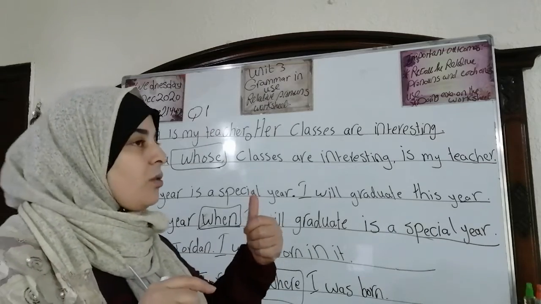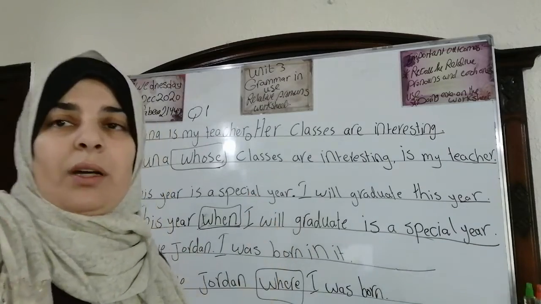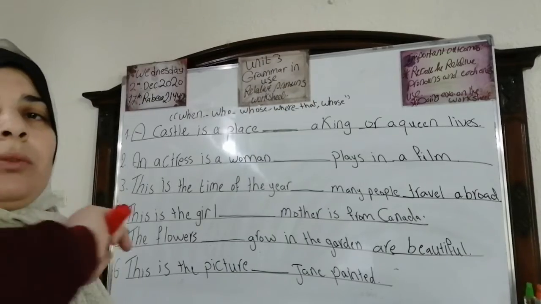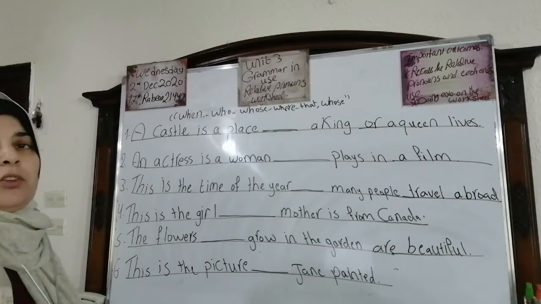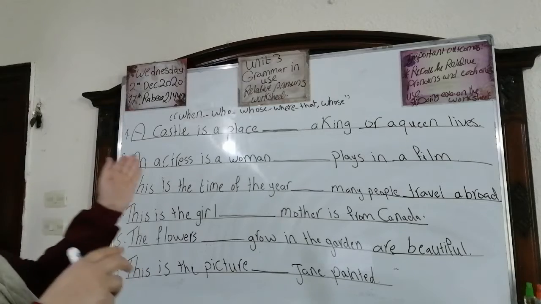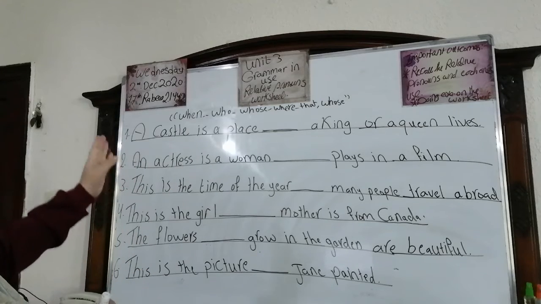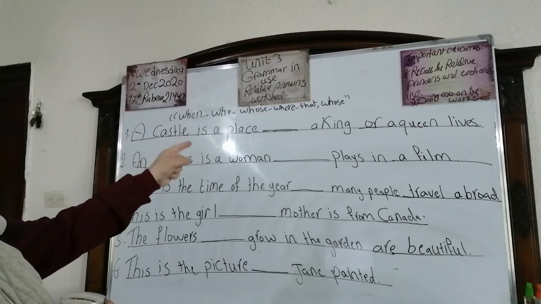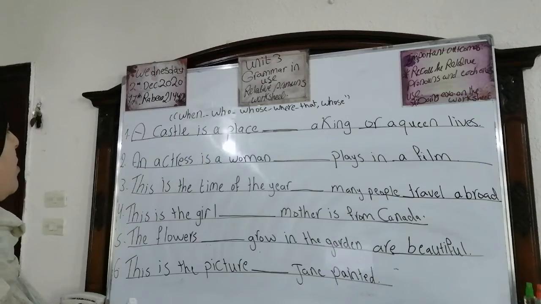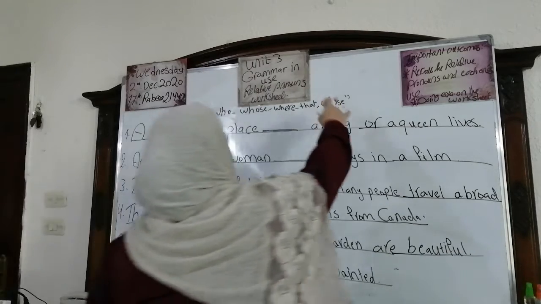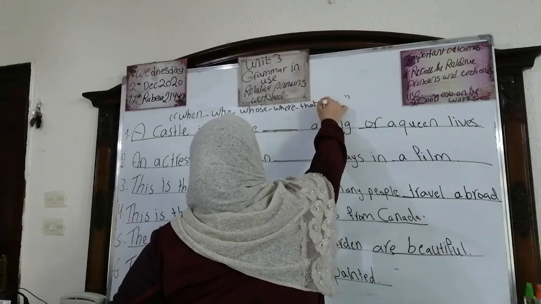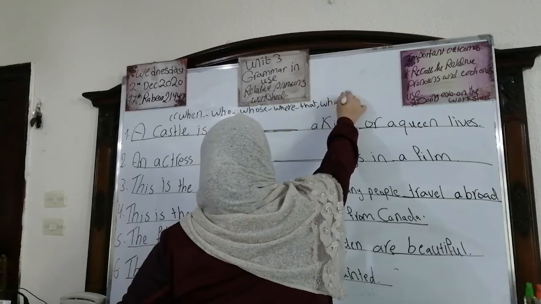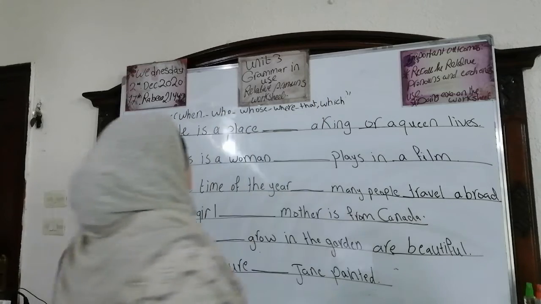Now stay with me. I'm going to clean the board and come back. Now look here at these examples. We are going to fill in the spaces with the correct relative pronoun. We have when, who, whose, where, that, and which. Sorry, here I should write which. Now look here.